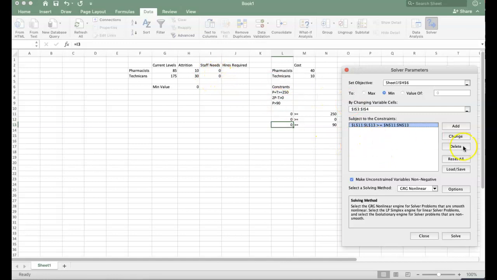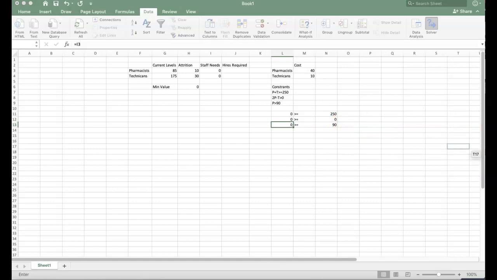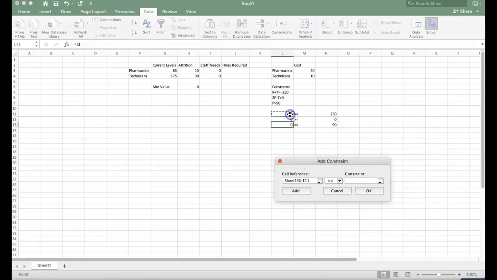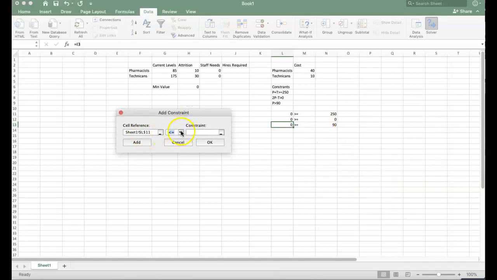And then here, I'm going to redo this. I'm going to add my constraints. So my first constraint, I'm going to add. For some reason my Mac is over here off screen showing me how to change it.